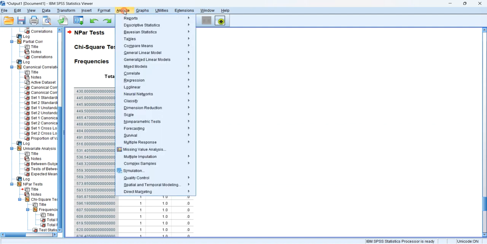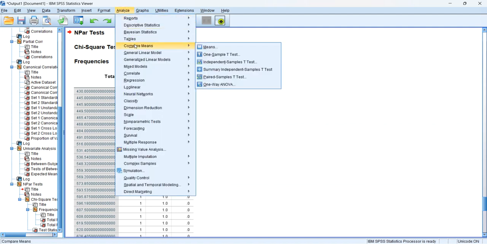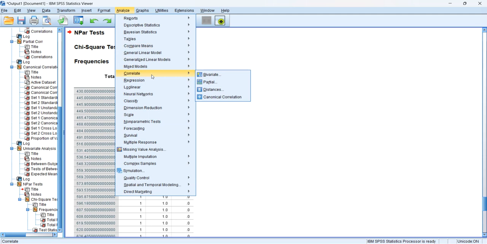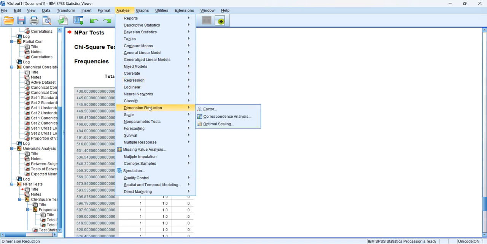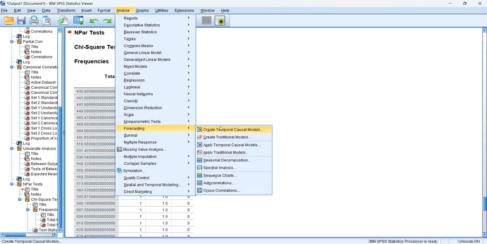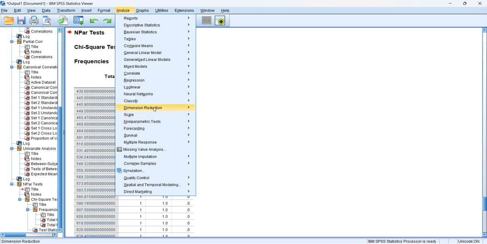This is for the hypothesis testing, and this is for the correlation. Those are the major factors. In the next class we will discuss the regression model and different factor analysis, cluster analysis, forecasting, all. So there are lots of things actually, the main thing of your course associated with the analysis part.